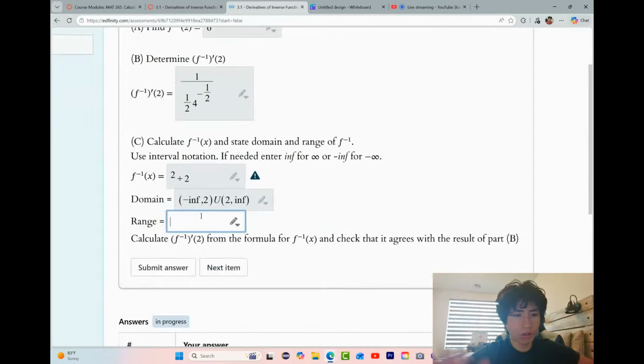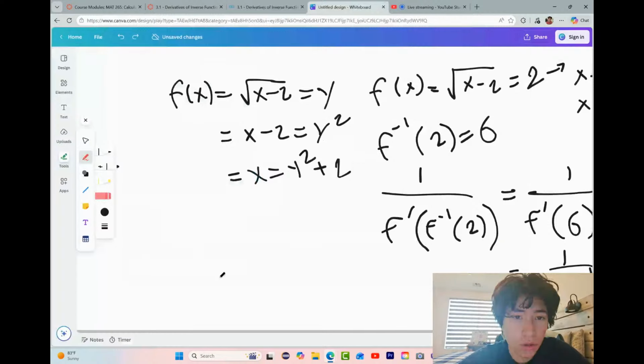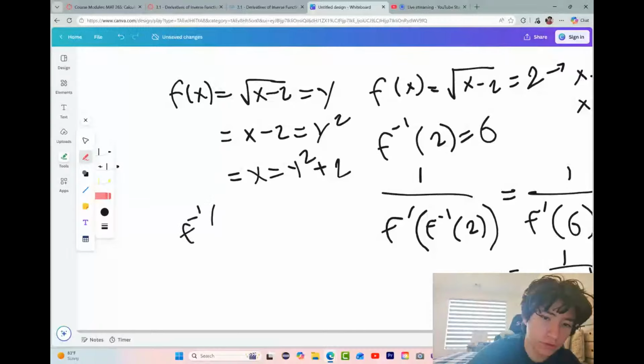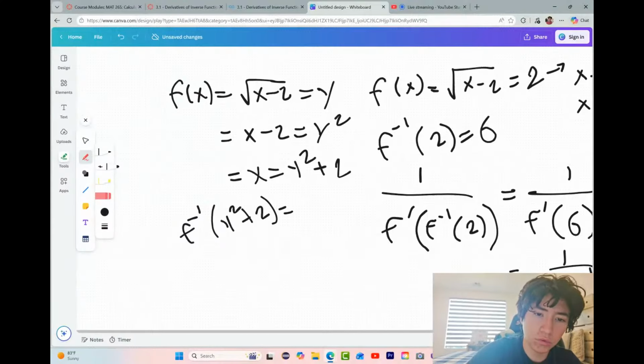All right, it's fine. I'll go solve for the range. So the range is going to be, let's go back here, our output. So this is going to be f inverse of y squared plus 2 equals x.